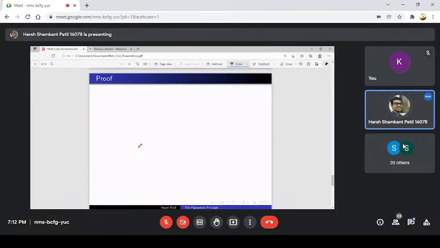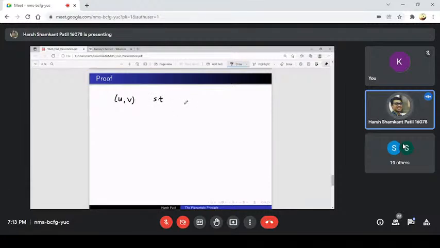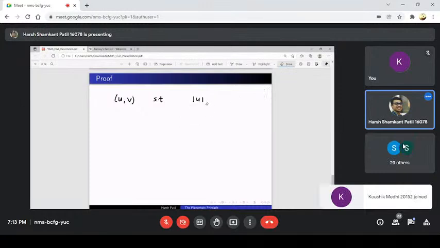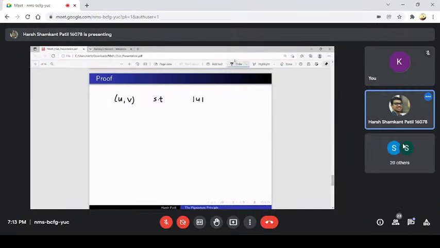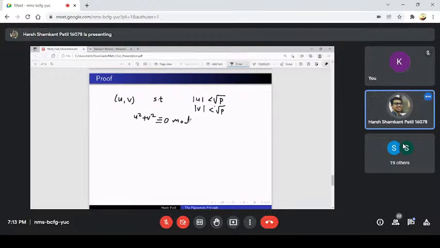Now how do we use this x to get what we want? We will find a pair of integers u, v such that mod u is greater than root p, mod v is less than root p, and u square plus v square is congruent to 0 modulo p.